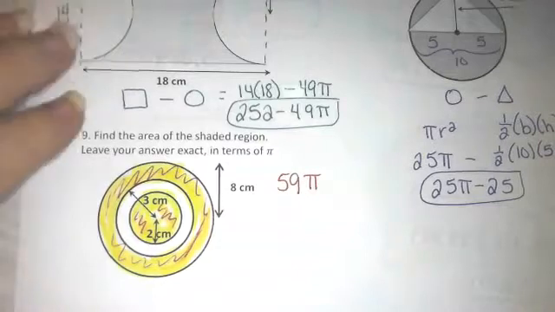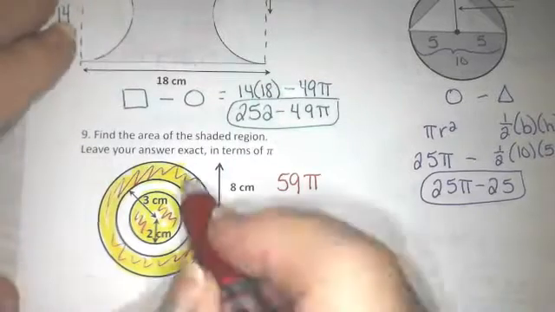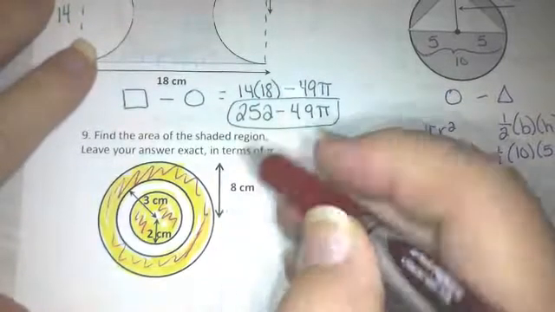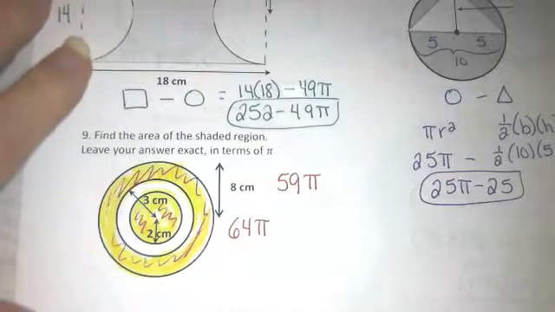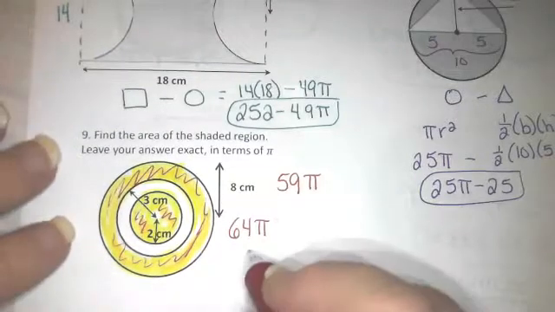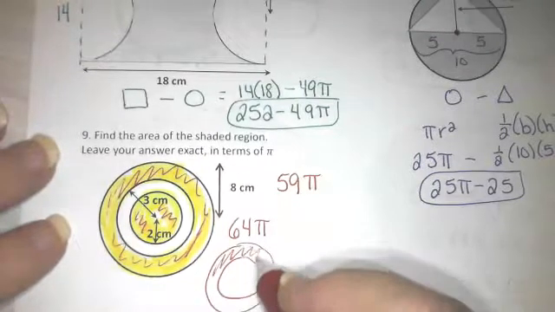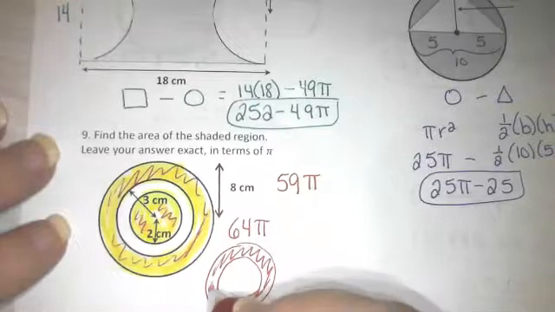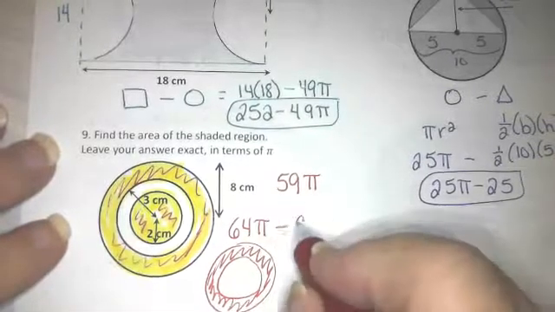All right. So let's figure this out. I know for sure I've got to find the big circle, right? Big circle, radius is 8, so that's 64 pi. Now, if I've got the big circle and I subtract the next circle, this is the area that I have. So minus the next circle, which is 9 pi.